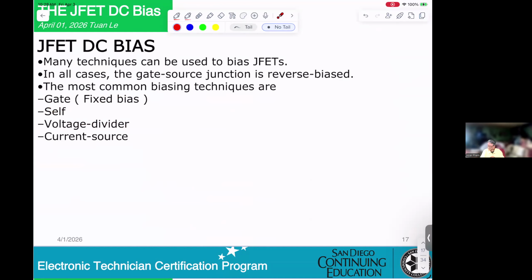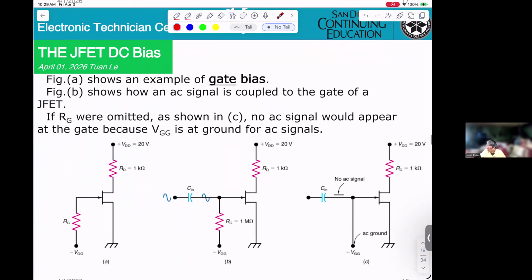For DC bias, you have to use either fixed bias, self bias or voltage divider. That means you need to calculate the voltage, the current, everything, DC.